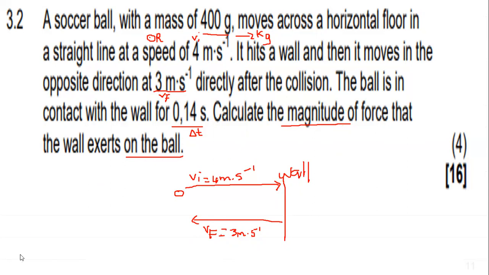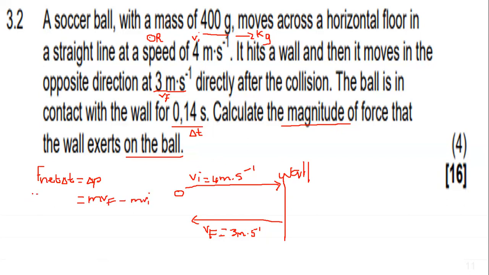Now before we even go further, another learner could say, I'm looking for F net, and I've been given the value of delta t, and I can actually get the change in momentum. And why can I get the change in momentum? Because I know the change in momentum is actually mvf minus mvi altogether.